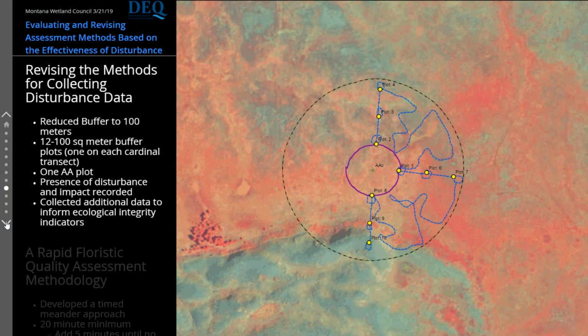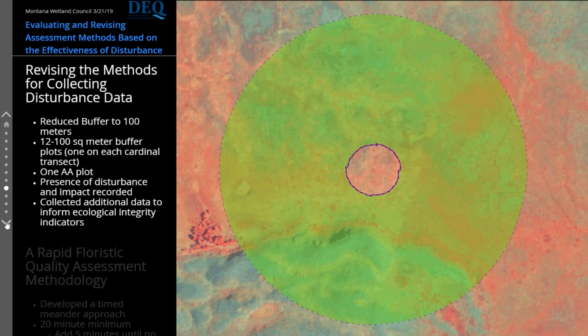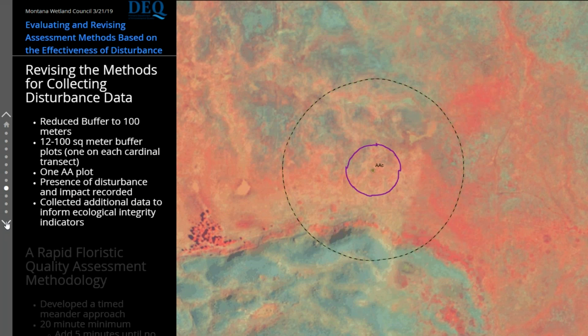I don't know if there's more on that or not. The native vegetation and soil disturbance that we collected in the buffer is then used by the buffer person to inform a couple of indicators of ecological integrity that we collect in the rapid assessment, hopefully reducing the variability between those two measures.